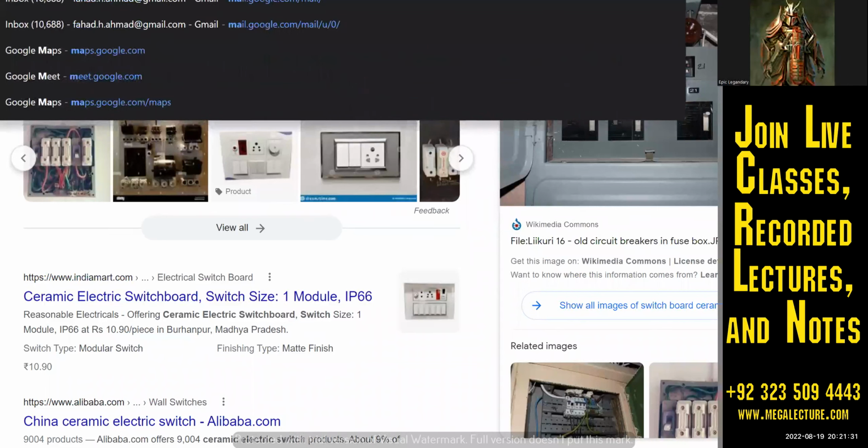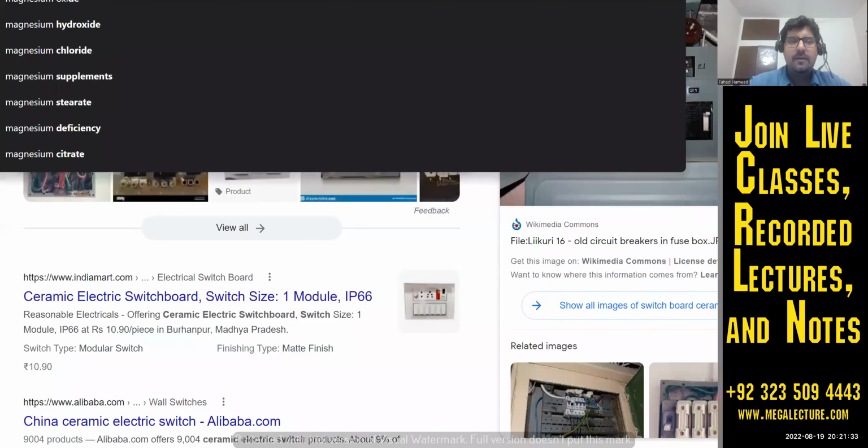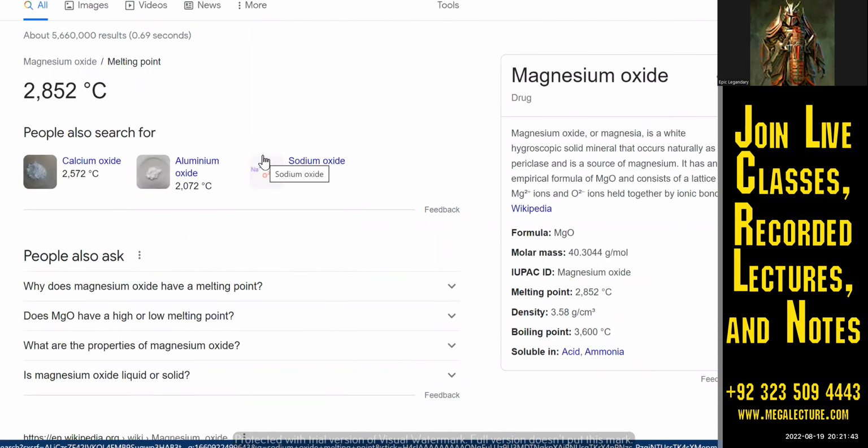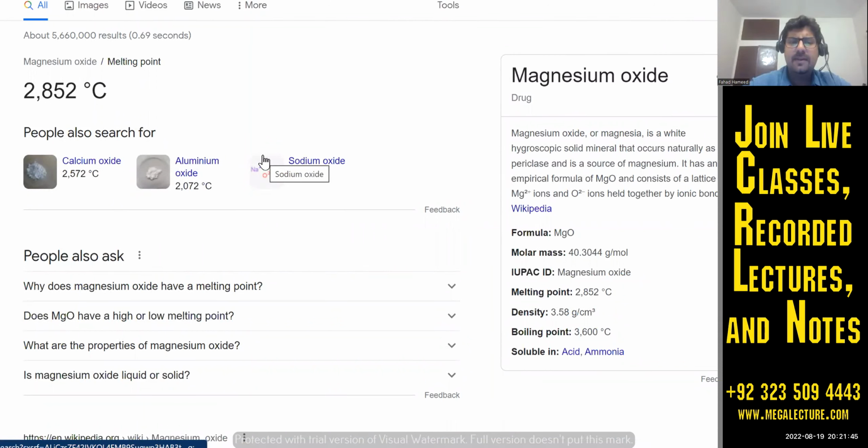Sir, and it can be aqueous, meaning it doesn't dissolve even in ethanol, right? So one is the melting point. Sir, in ethanol... No, I'll explain the melting: its melting point is 2852, okay, that's very high. Sodium has lower charges, Na+1, so the melting point is pretty low, right?